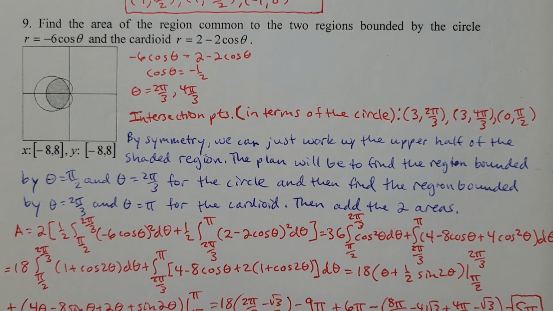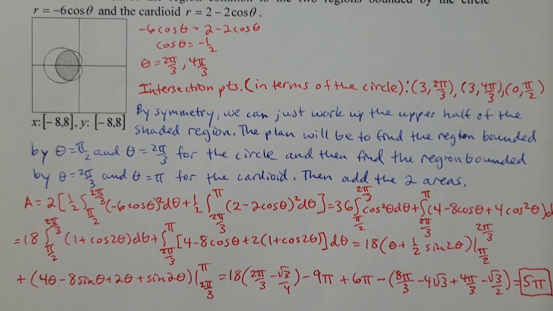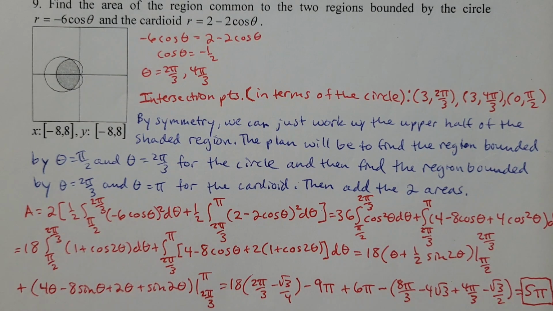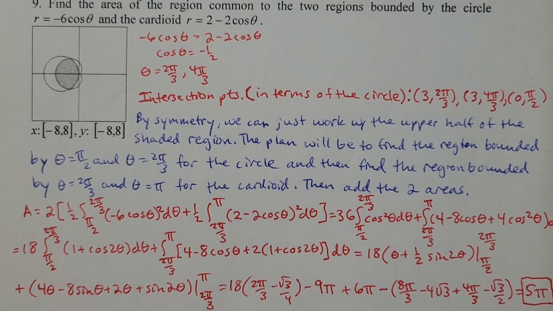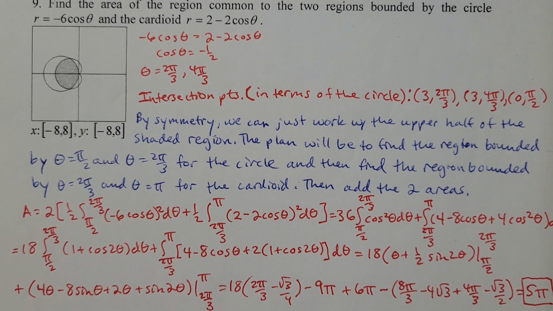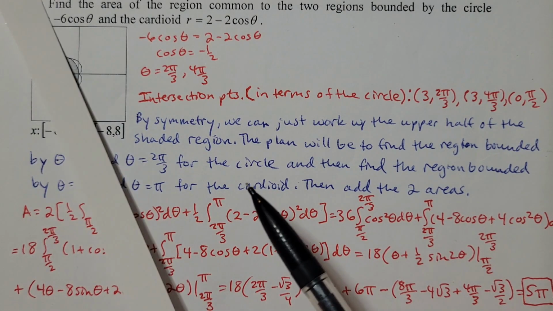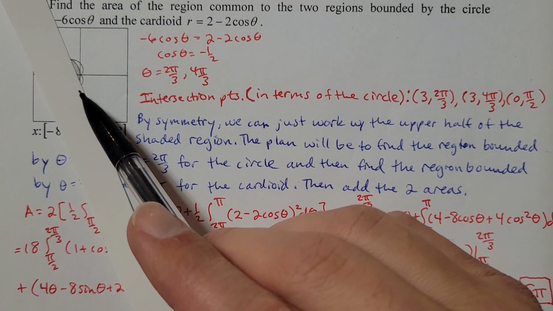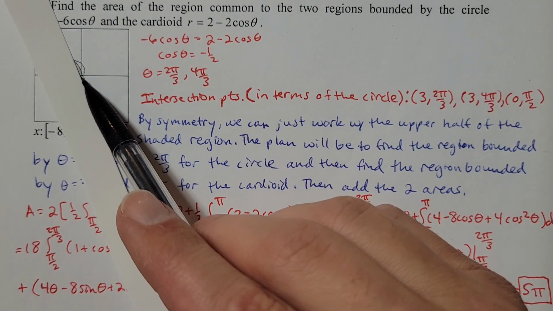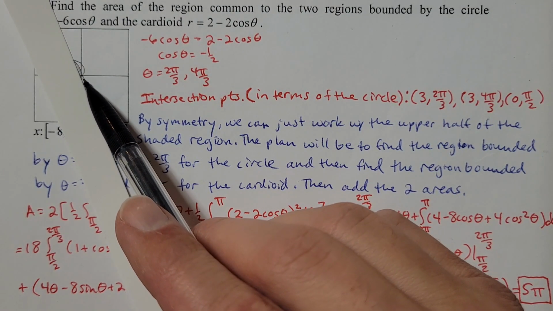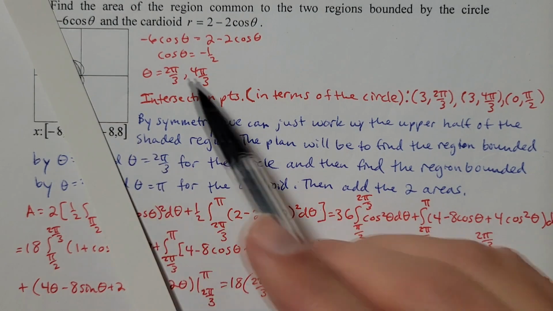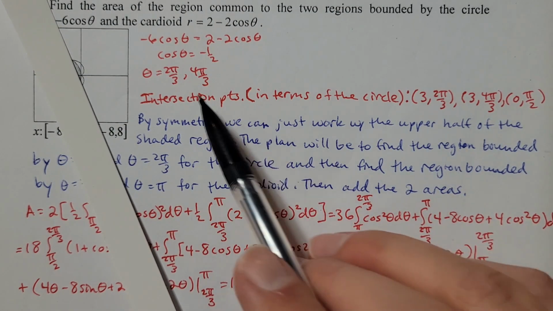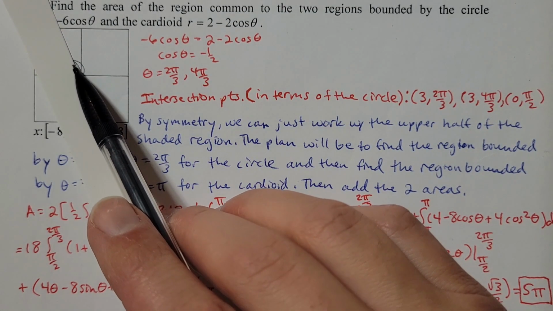Okay, now I want to find the shaded area here, and I'm going to use some symmetry. By the way, I'm going to have to add 2 integrals. So the first integral is going to be where I'm going from pi over 2 to 2 pi over 3.